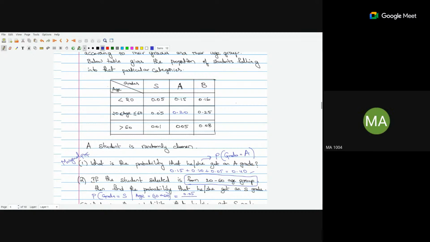So the joint divided by the marginal, I have to add up all the rows. 0.50. Correct. So 0.05 by 0.50. So this will be 0.1.